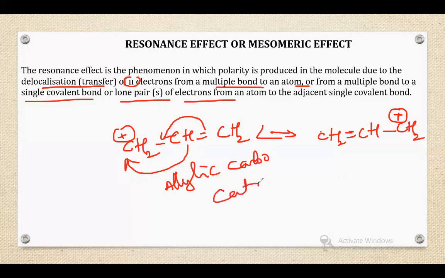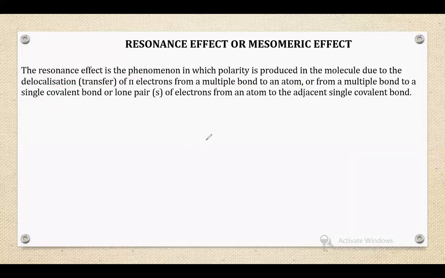Allylic carbocation resonance structure. You need to know properly the difference between allyl and vinyl. So what is the difference? For allyl, a carbon is attached to another carbon having a double bond, and that carbon is attached to some other group.